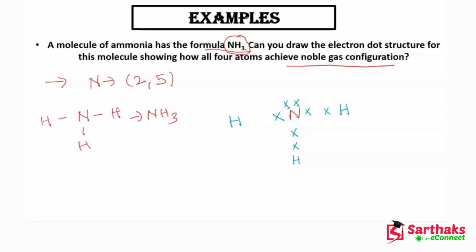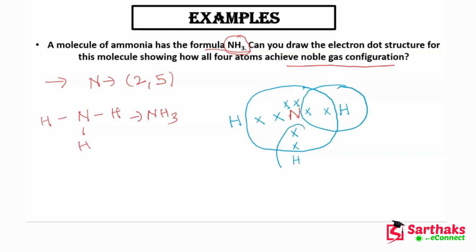Now there is another hydrogen, and it also has 1 electron. Now guys, what will happen? You can see that the nitrogen will share 3 electrons with these 3 hydrogen atoms, and you can see that 4 atoms have completed their octets. This nitrogen now has 8 electrons in its valence shell.